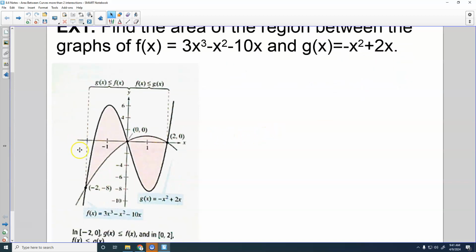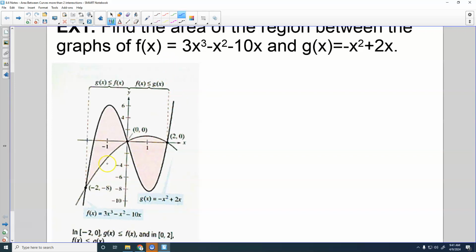But if you look at the graph of these, they don't cross just twice, they cross 3 times, right? They intersect 3 times. Meaning that the function that is on top switches, right? So, to do this one totally by hand would be a lot of work.